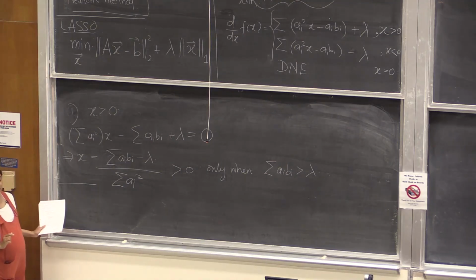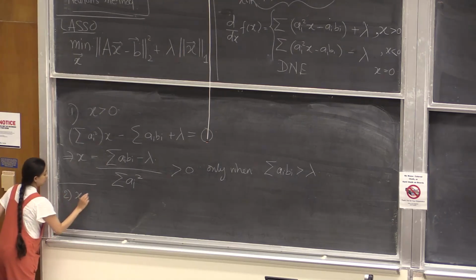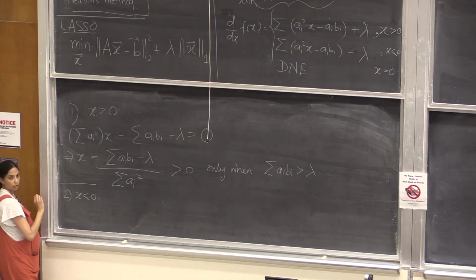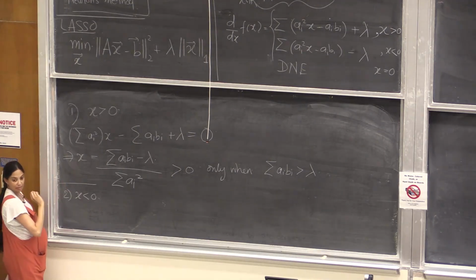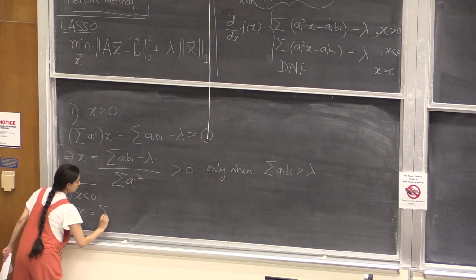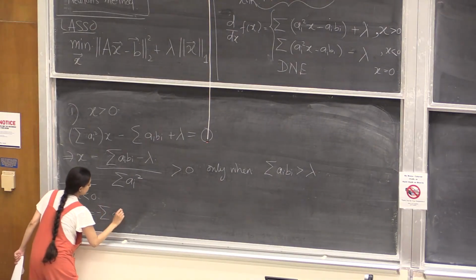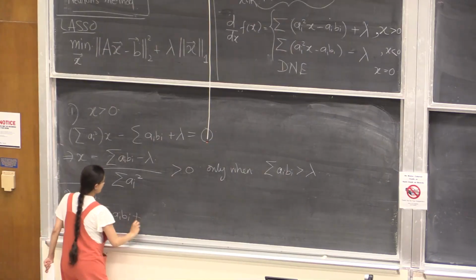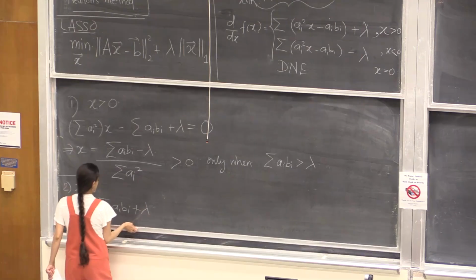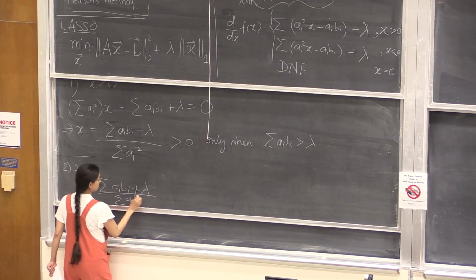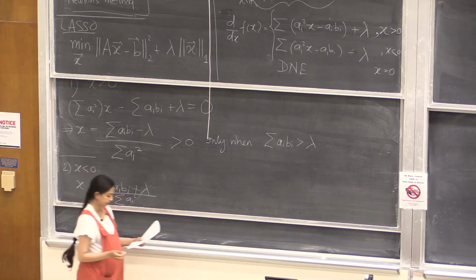So what's the next case that we're going to talk about? x less than 0. What happens in this case? I can do the exact same algebra, and I can get that x is equal to minus sigma ai bi, oh sorry, not minus, sigma ai bi plus lambda, divided by sigma ai squared.